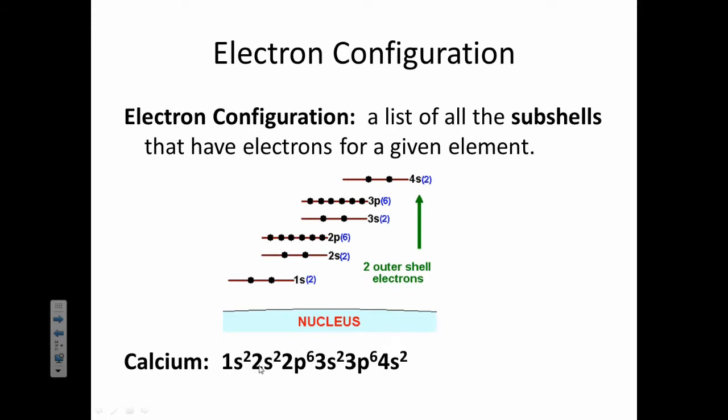And then calcium's next 2 electrons are in the 2nd shell, but also just one orbital in the s subshell. And then also still in the 2nd shell, there are 6 electrons that live in a p subshell. Then you move out to the 3rd shell, and so on and so on. So if we add all of the superscript numbers, it should add to 20 because calcium's number 20, and it does.